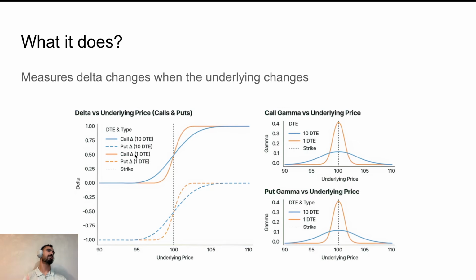On the top, you have a call option's delta, and on the bottom, you have a put option's delta. We're going to notice that the delta of the call varies between 0 and 1. Here the strike price is 100.